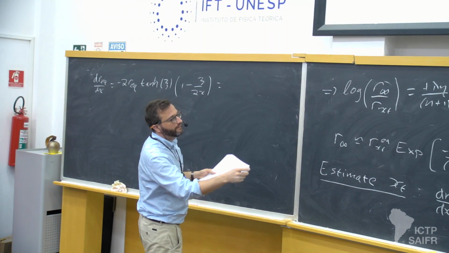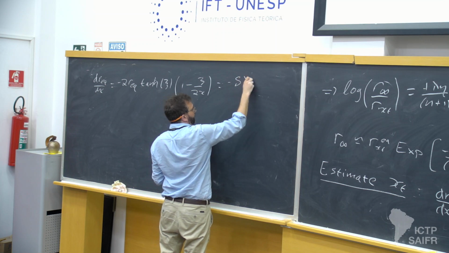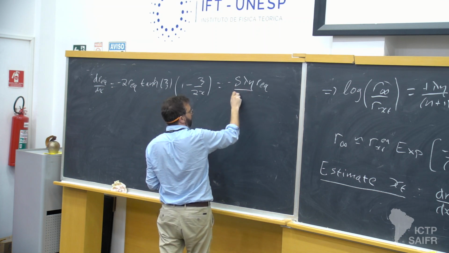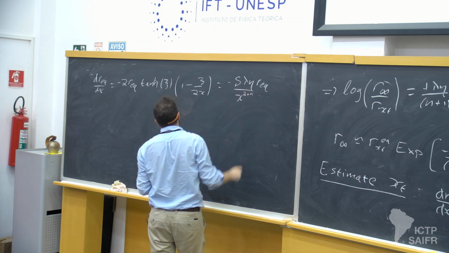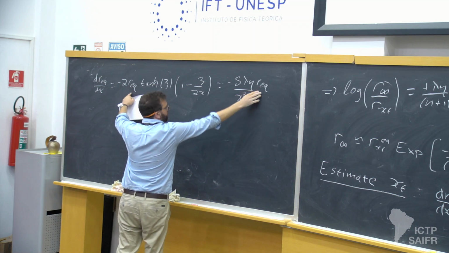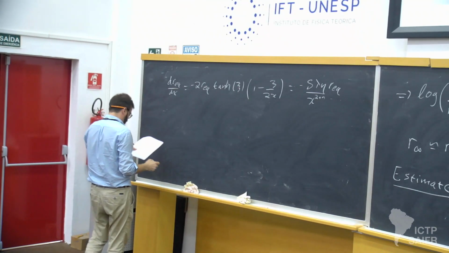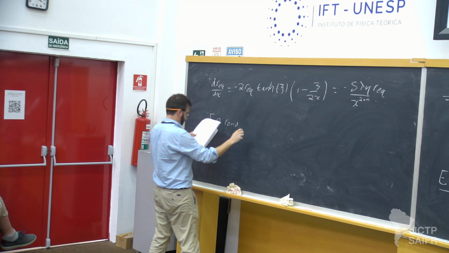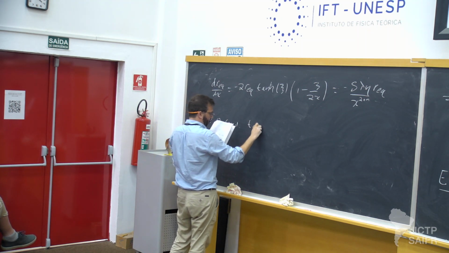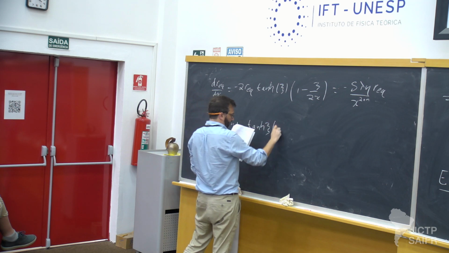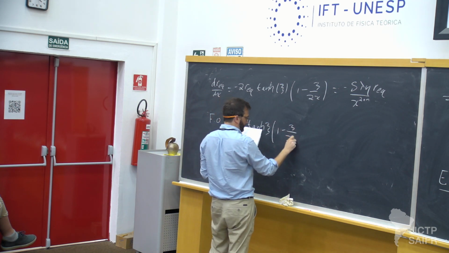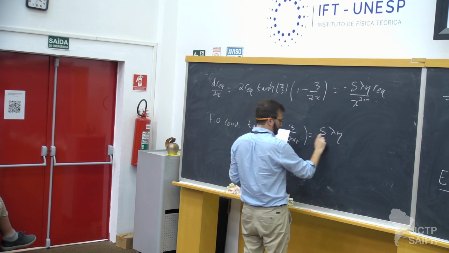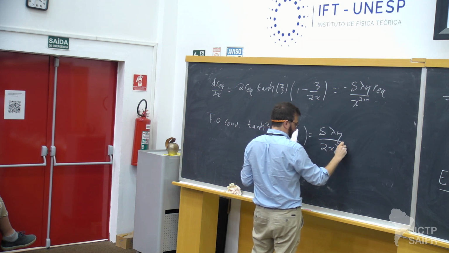Which was negative delta lambda eta r equilibrium on x squared plus n. So now we can cancel off these r equilibriums and simply find that the freeze-out condition becomes tangent psi times 1 minus 3 on 2x f is delta lambda eta on 2x f n plus 2.